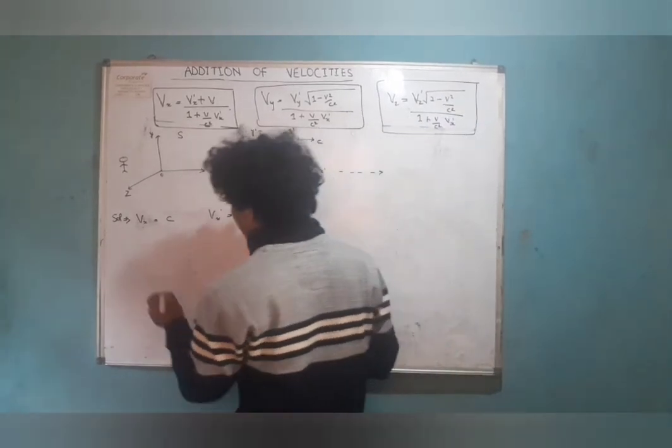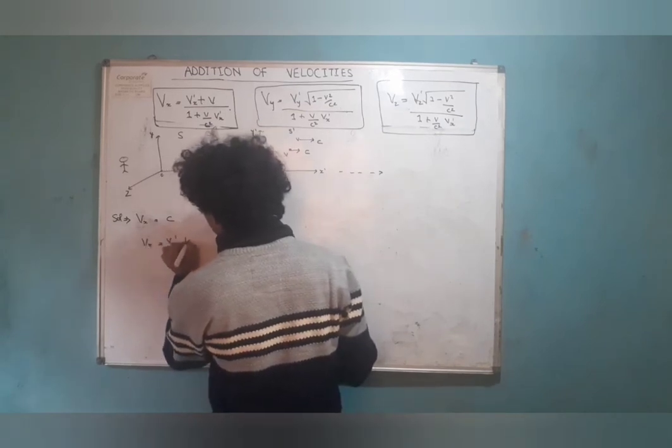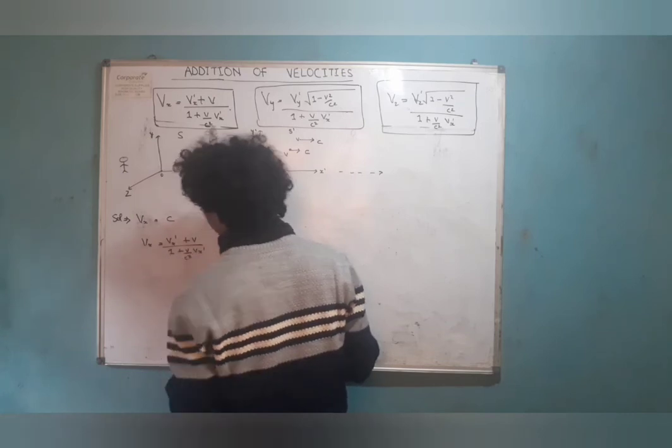So we have the formula Vx equals Vx prime plus v divided by 1 plus v by c square Vx prime.